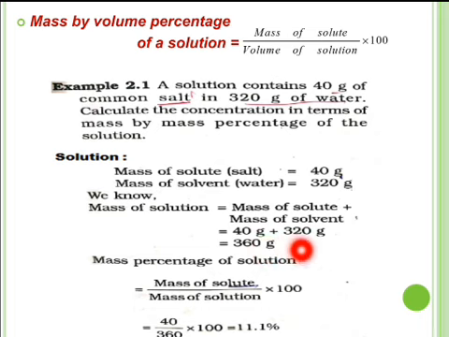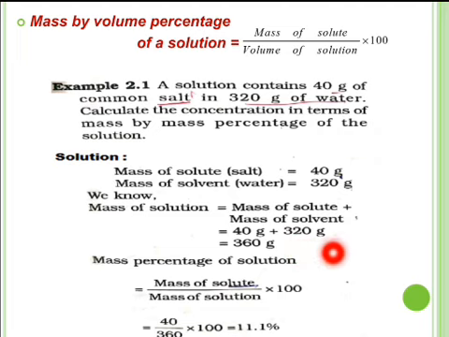Now by applying the formula, mass percentage of solution, put the values in this formula. Mass percentage of solution is equal to mass of solute upon mass of solution multiplied by 100. Mass of solute given is 40 grams upon mass of solution, that is 360 grams, which we have calculated here, and then multiply with 100.